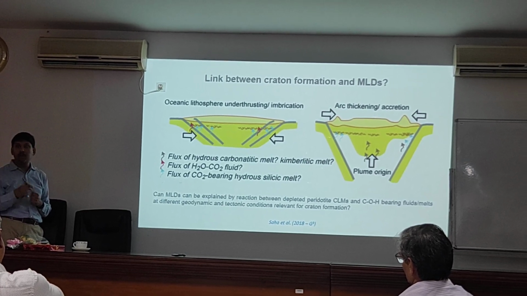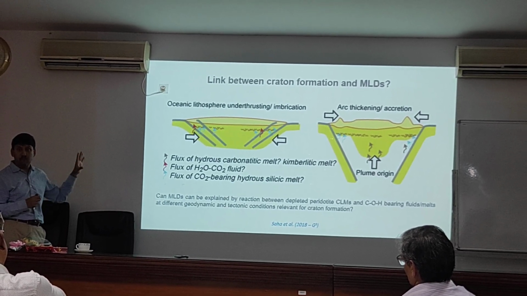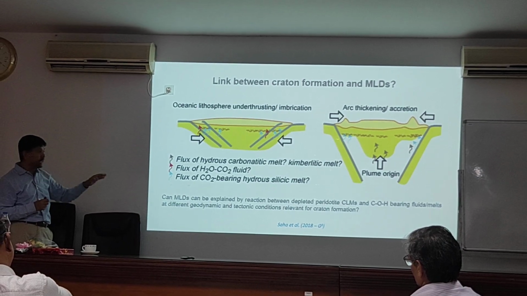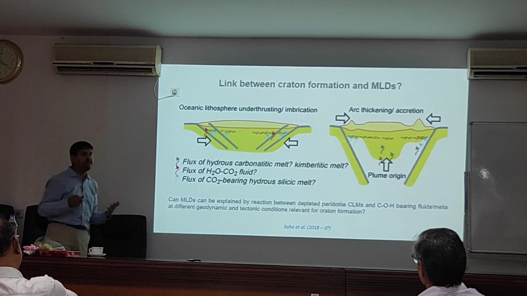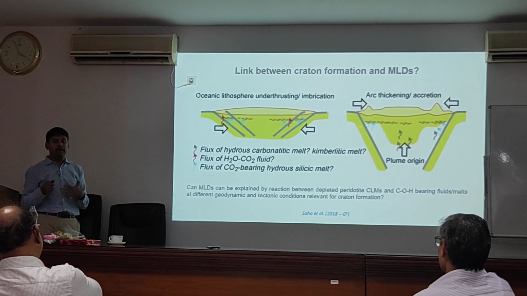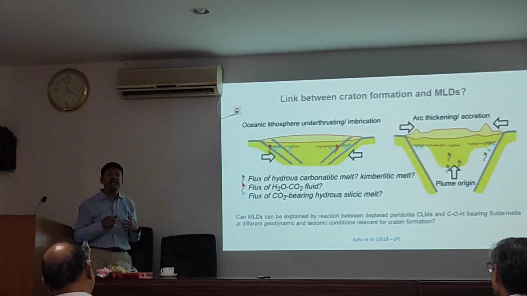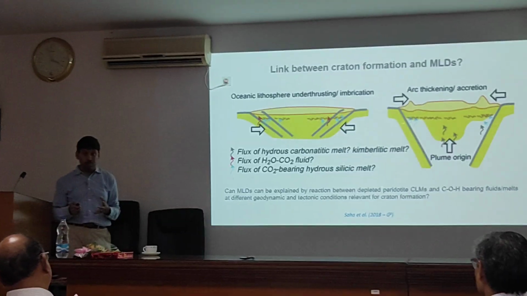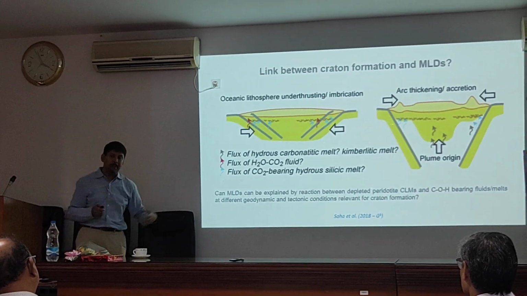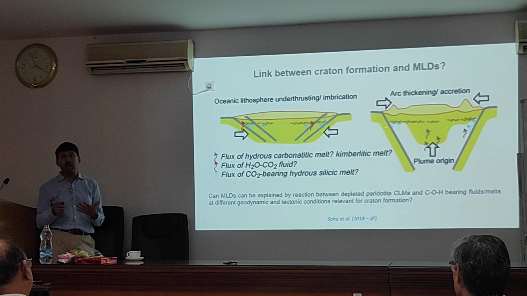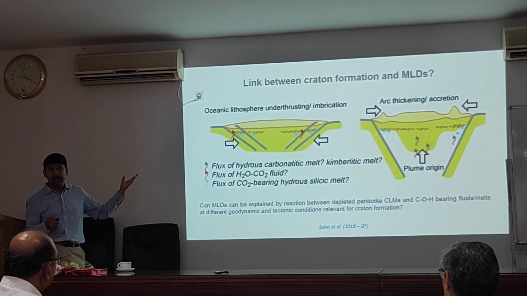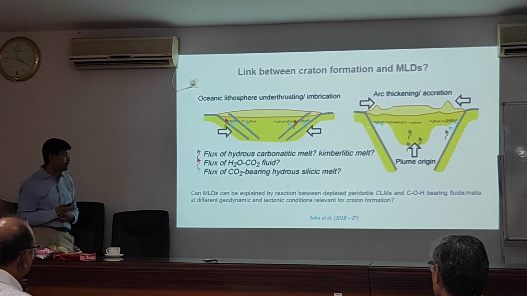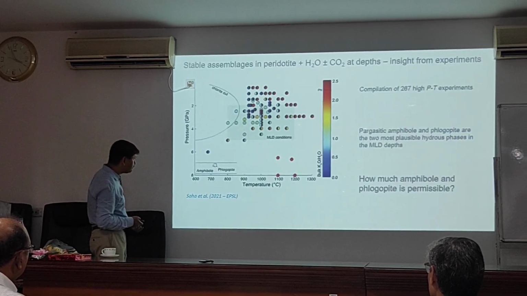So even a small amount of those phases can potentially cause a broad aggregate reduction of Vs. We wanted to ask whether we can stabilize amphibole or phlogopite or these phases, and more importantly, whether you can stabilize enough of them. After all, the absolute magnitude of reduction is related to the modal abundance of those phases. Can there be enough of them that you can explain something like the MLD by this type of phases?